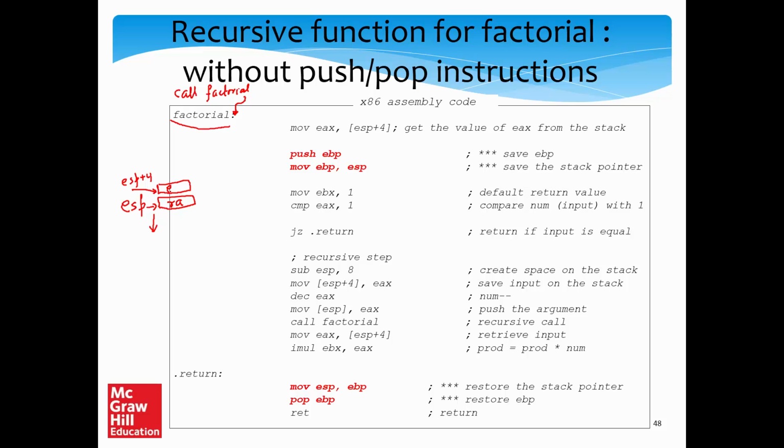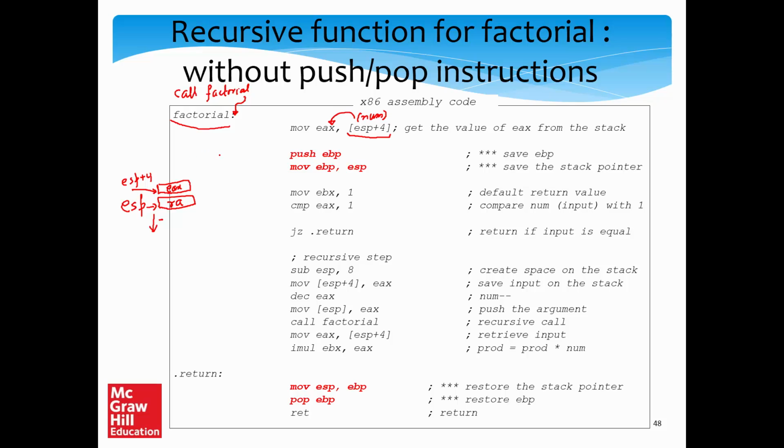So if we push in the value of EAX, the moment we enter the factorial function, we can read ESP plus 4, the stack pointer plus 4. Its contents would contain the value of EAX, which is essentially the value of the number, and this we can transfer to the register EAX.